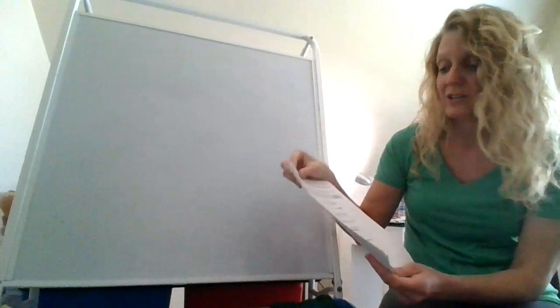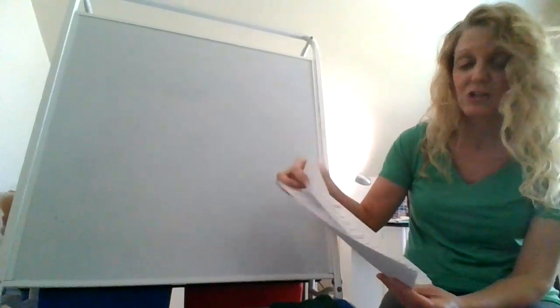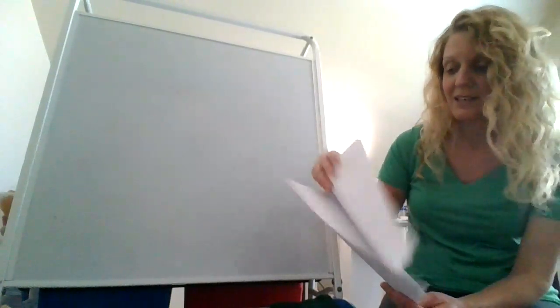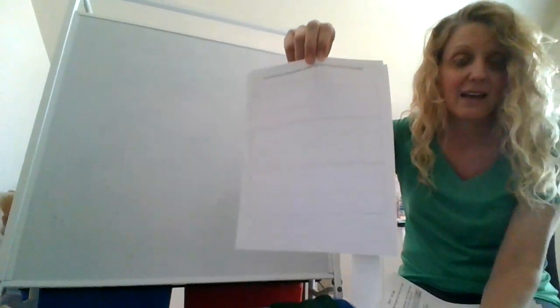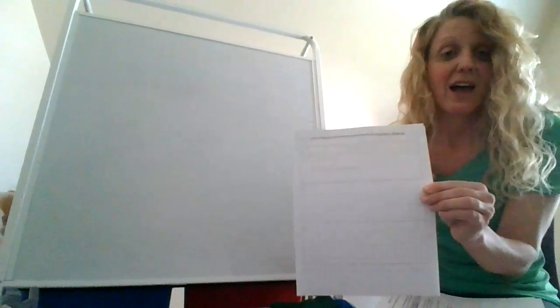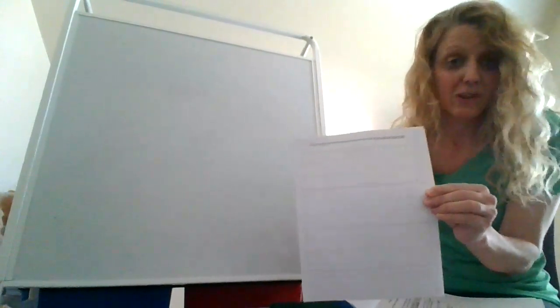On day 3, you get to read the story by yourself, and attached in the packet I emailed to them is a paper that looks like this. It has 3 boxes, 1, 2, 3. And it says, write 3 things you learned about money from The Life of a Dollar Bill. This week it's an expository text, which means it is nonfiction, and we read nonfiction to learn new things.